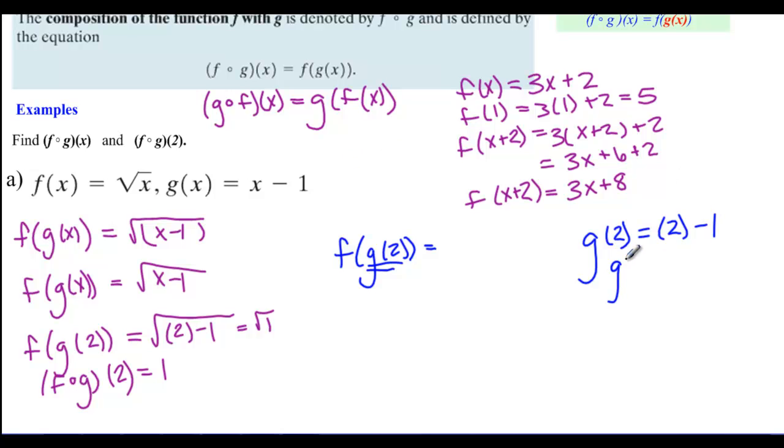So g of 2 equals 2 minus 1, which is just going to be 1. So now instead of g of 2, I can plug in this number 1. So f of 1 equals, and this is where f of x says we're going to do the square root of x. So the square root of whatever we've plugged in. So the square root of 1, which will give us 1. So walking through these steps, we end up with f of g of 2 is 1.